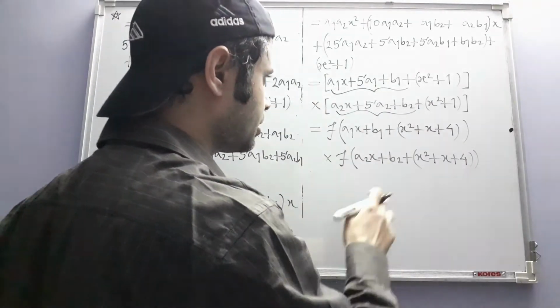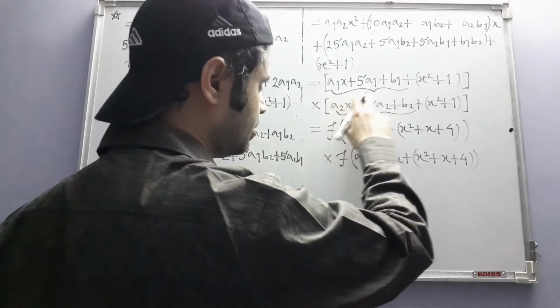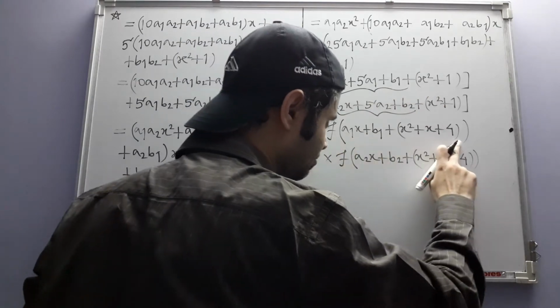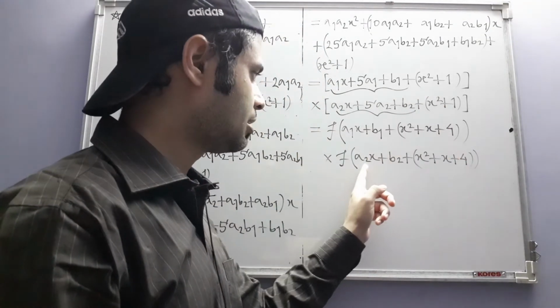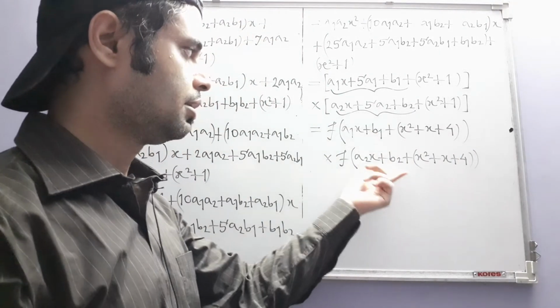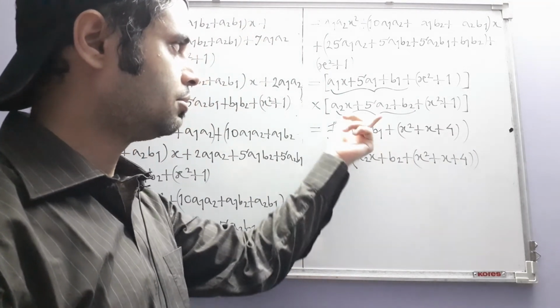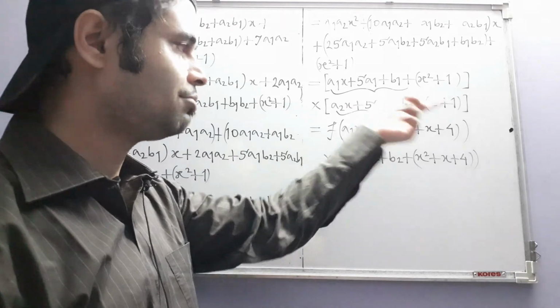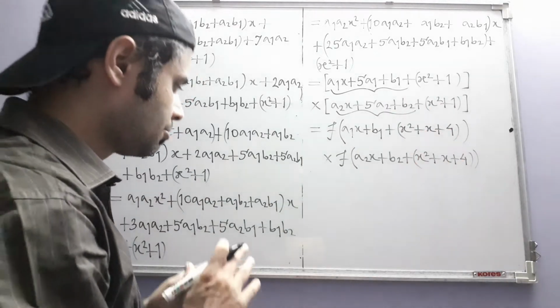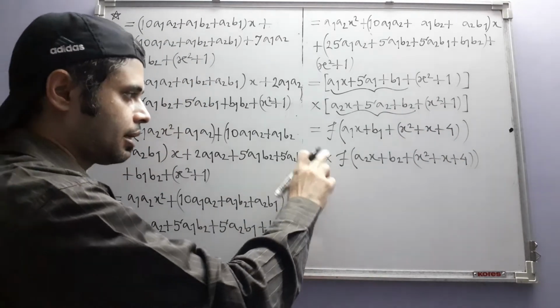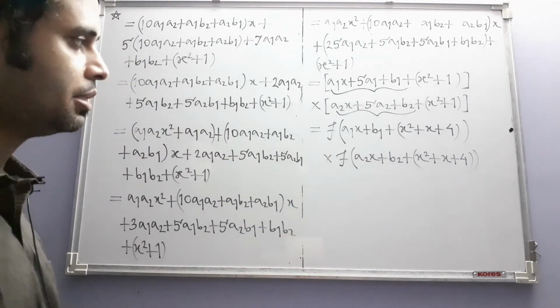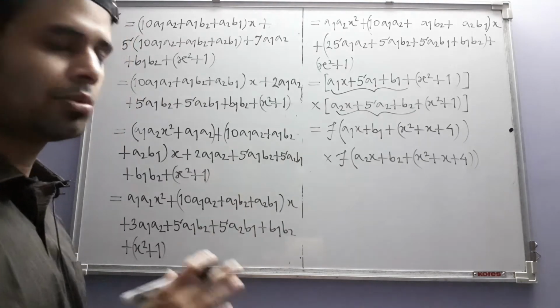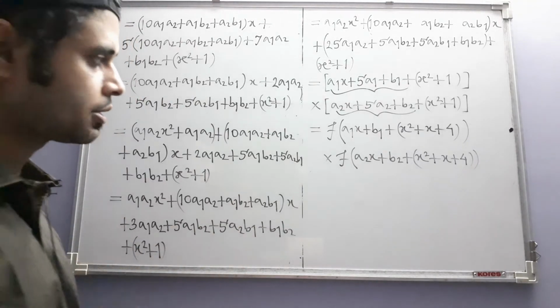And according to the definition of our function, this equals the f image of this coset, and this equals the f image of this coset. In place of a2x plus b2, you will have a2x plus 5a2 plus b2. So we finally see that our f really respects also multiplication. That means it's a ring homomorphism. Okay.